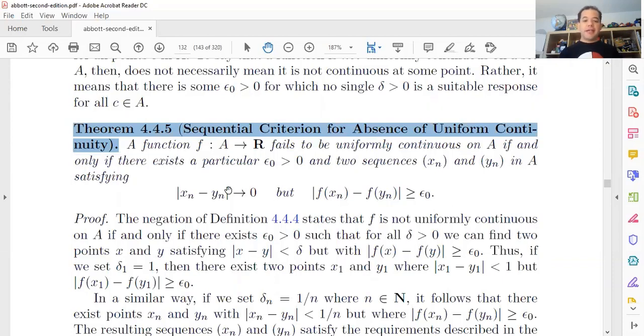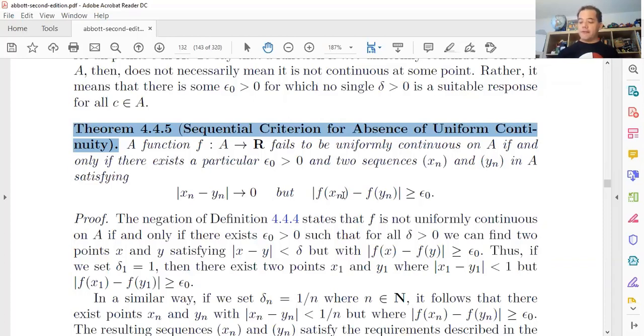The sequences get closer to each other, the way you can write that is that the difference xn minus yn approaches 0. But their images are separated. They're always epsilon 0 apart. Okay, so that's what we want to use.